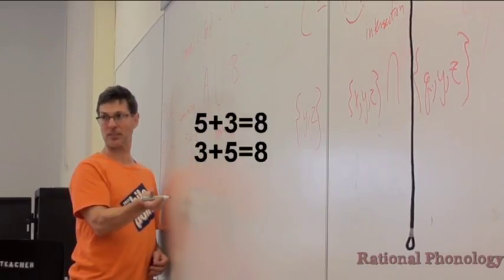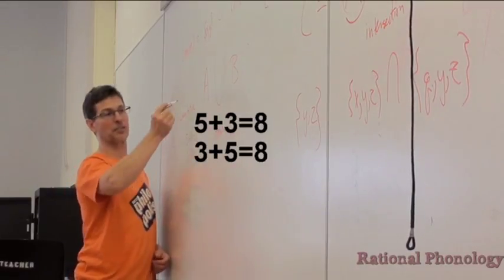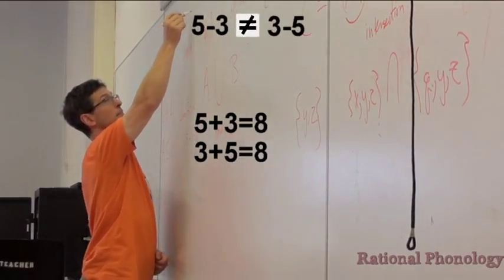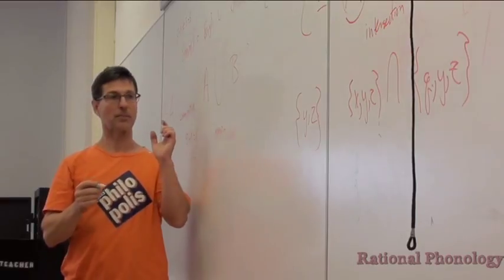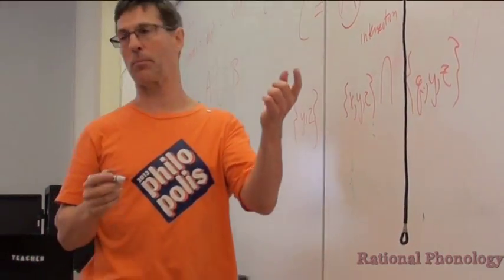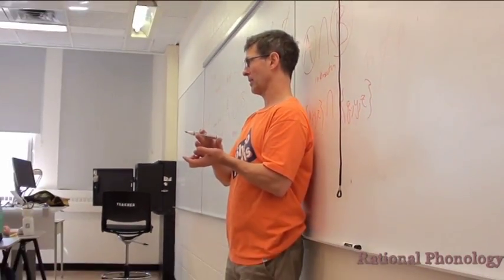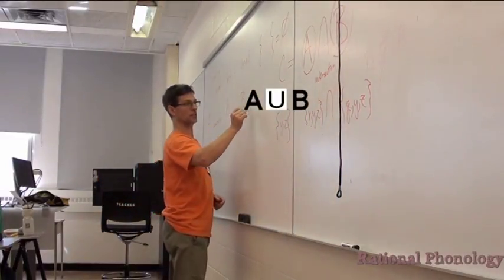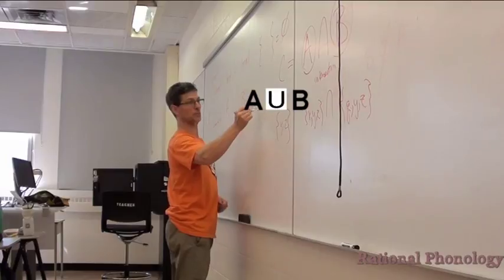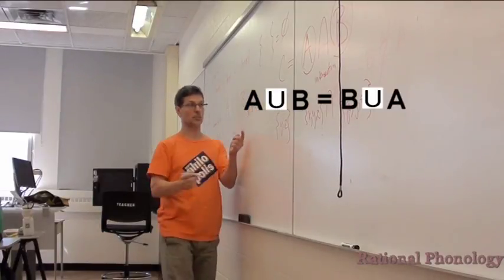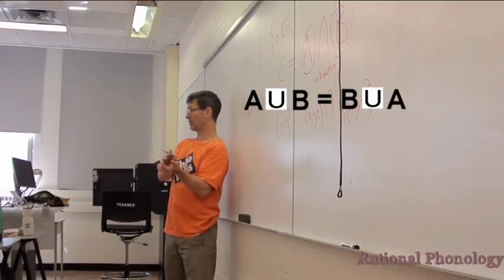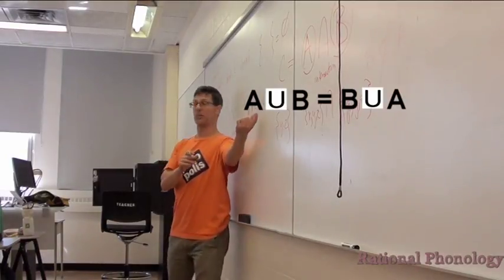Same with multiplication, but not with subtraction. 5 minus 3 is not the same as 3 minus 5. But union and intersection are both commutative. If you say A union B, it's always going to be the same as B union A. Because all you're doing is saying, take everything that's in A, take everything that's in B, and put them together. It doesn't matter the order in which you do it.